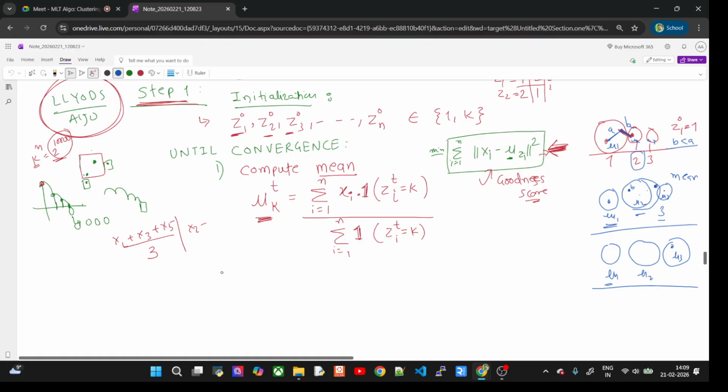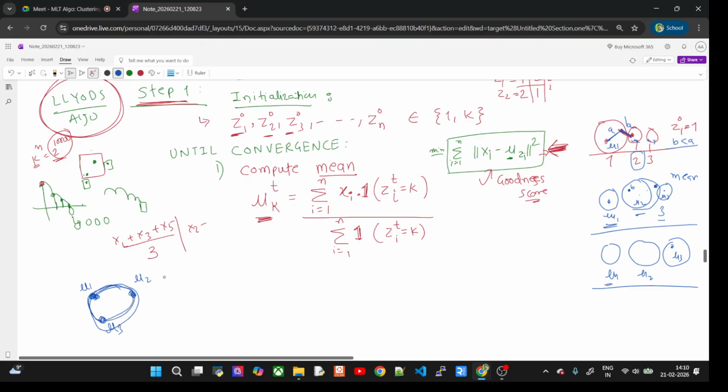Then you come to mu1, and if it is repeating, if you are going from mu1 to mu2, where mu1 means the mean of cluster 1, and mu2 for example means the mean of cluster 2, and once again you are going to mu3, and then you are coming back to mu1, and same way you are just jumping like this.